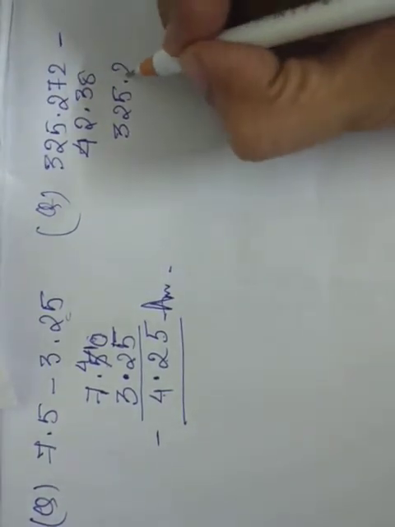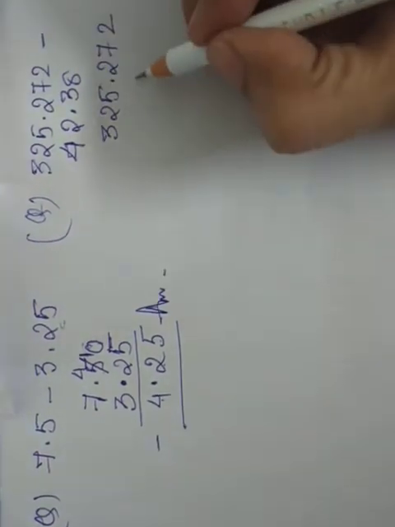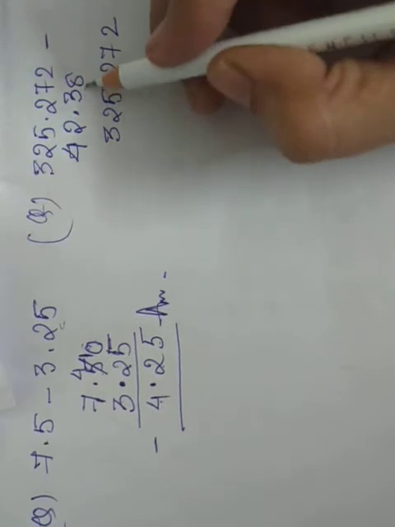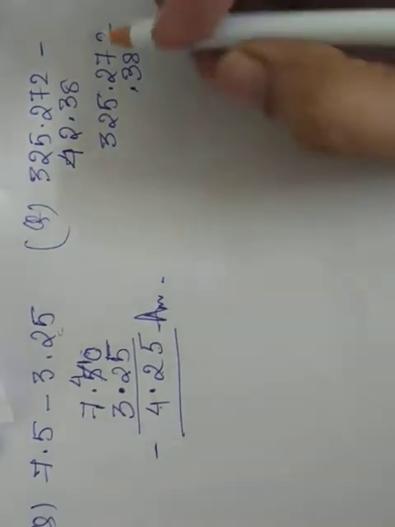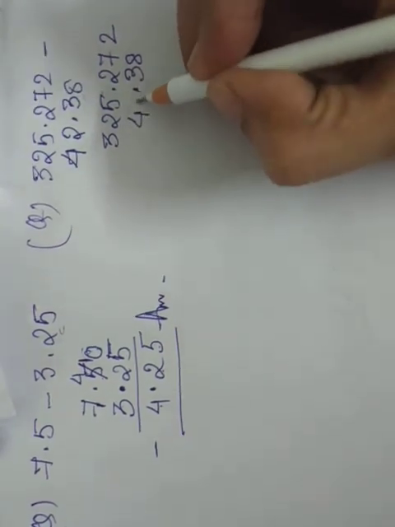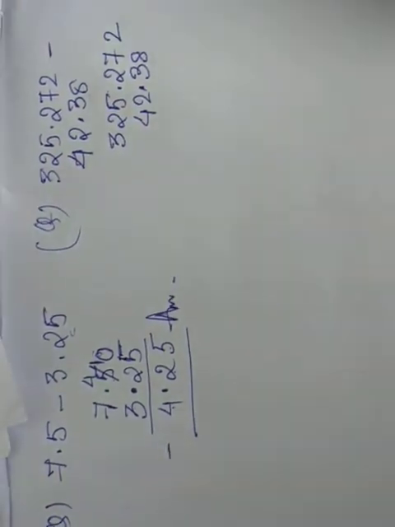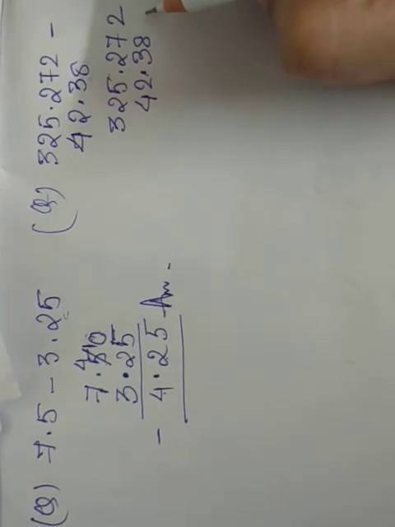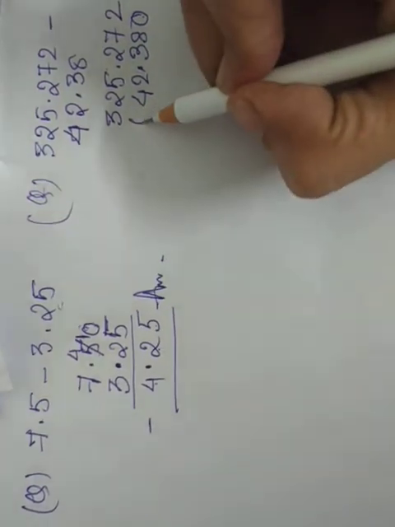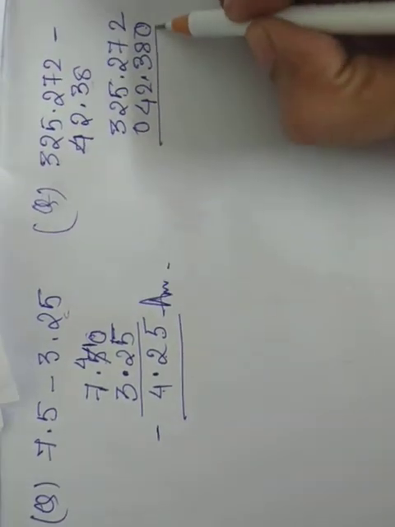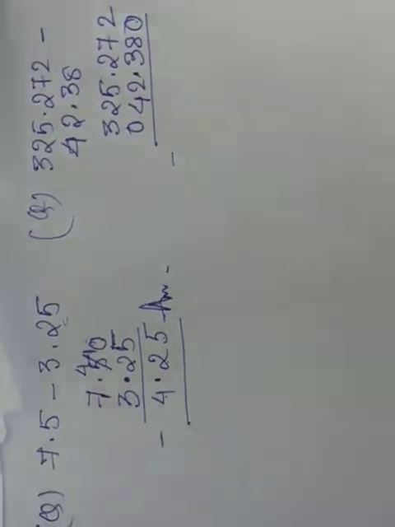It is 325.272. Then put a decimal, and then on the right hand side, see what is there in the right hand side. It is 38, and on the left hand side it is 42. Clear? The places where there is nothing, we will put a 0. Simply we will put 0. Okay. Now we will subtract it.